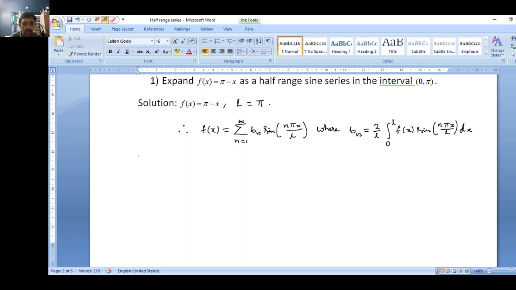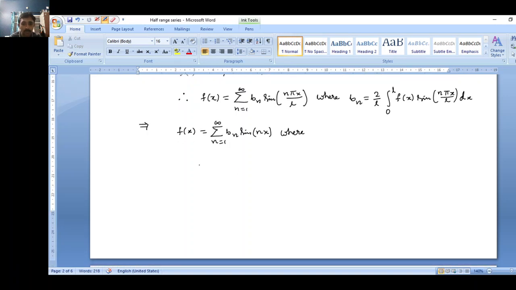Right? So now, because we know that L is going to be pi, the whole expression turns out to be f of x equals summation n equals 1 to infinity bn sine, because L is nothing but pi, this turns out to be simply sine nx. Right? So this is sine nx, and here we'll have to find the value of bn.